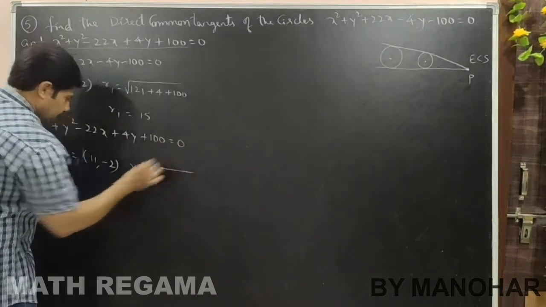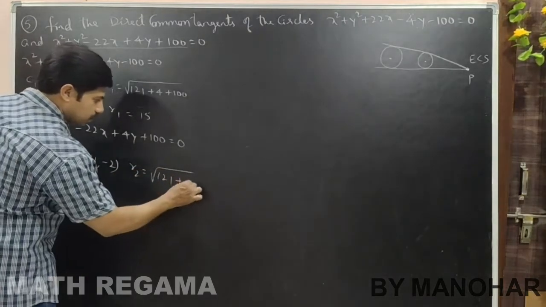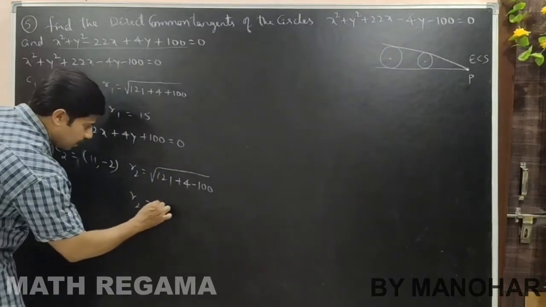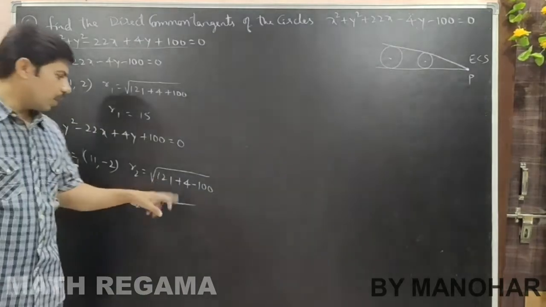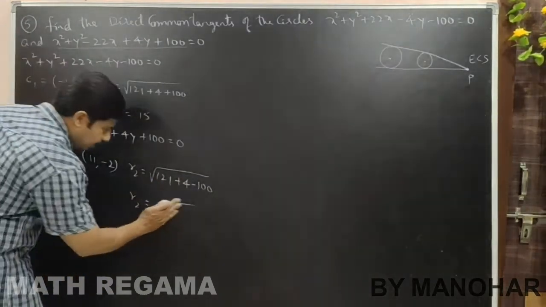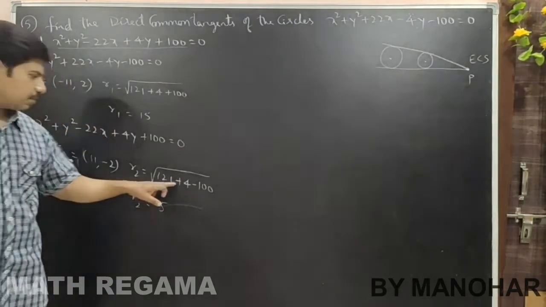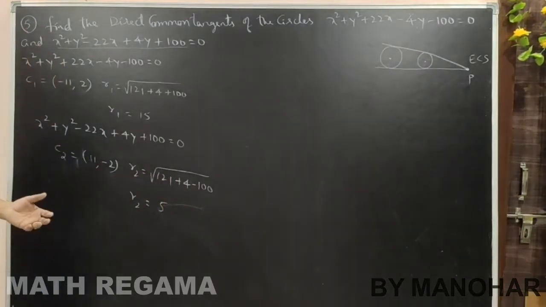R2 is nothing but under root of g square plus f square minus c. 11 square is 121 plus 4 minus 100. So R2 is under root of 121 plus 4 is 125, 125 minus 100 is 25. What is the square root of 25? It is 5. So we have R1 and R2.